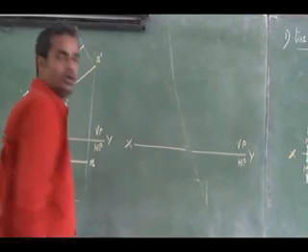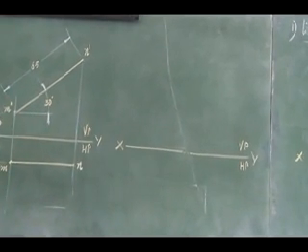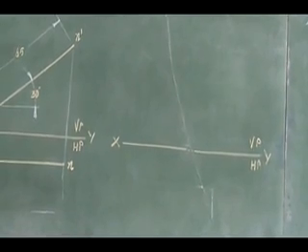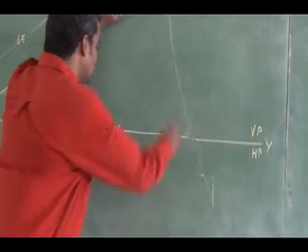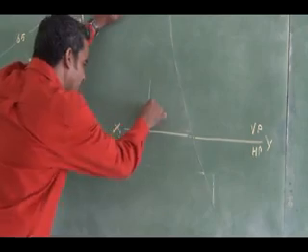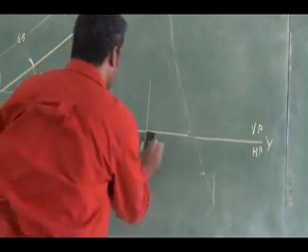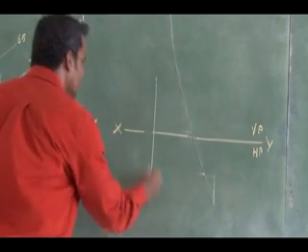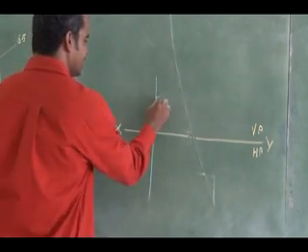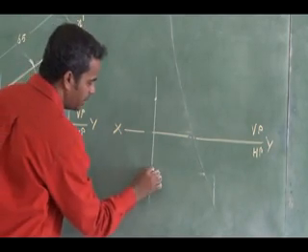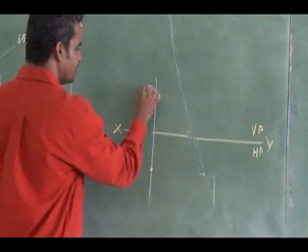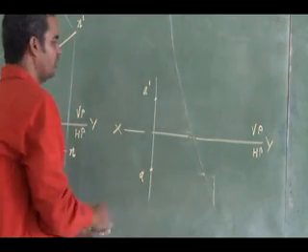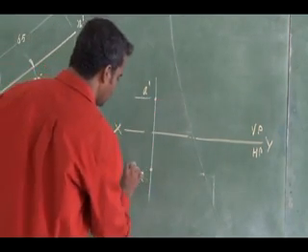Looking at the given data, one end is given, so I can project that end. It is 15 mm above and 15 mm in front of. So this is my A dash and A, both 15 above and 15 in front of.